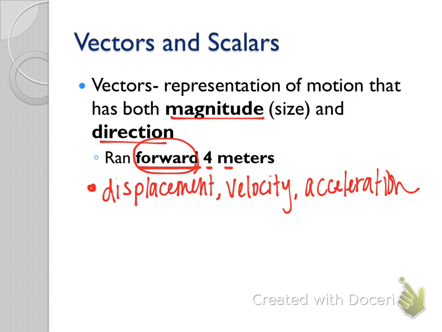We haven't gotten there yet. But those are things that have to be represented with both magnitude and direction. So they've got to have those north, east, south, west. They've got to have a positive or a minus. Those things indicate direction for us as well. Okay, does that make sense? Magnitude and direction are two things a vector must have.